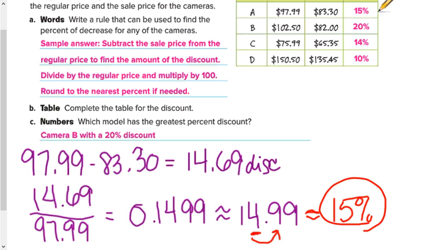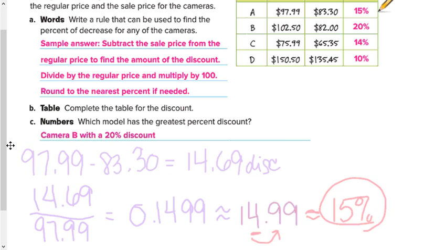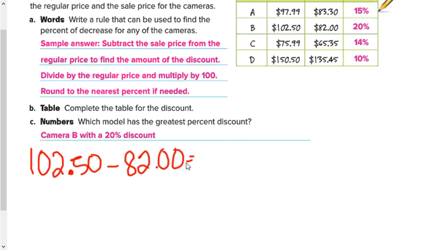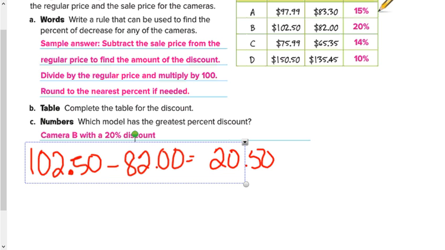Okay? All right. So let's go ahead and do B. So let's subtract our two amounts. 102.50 minus the $82. That equals $20.50. So our discount was $20.50.